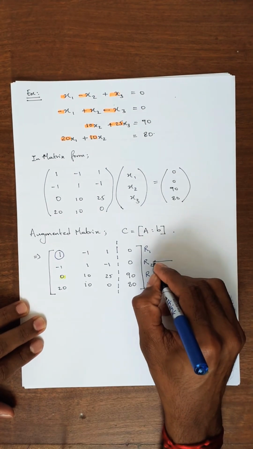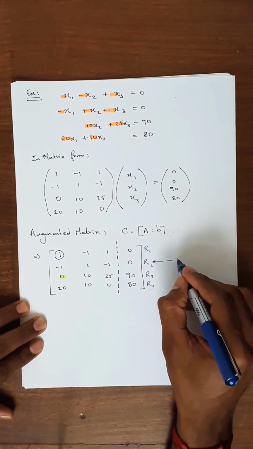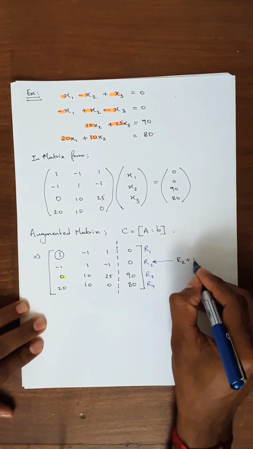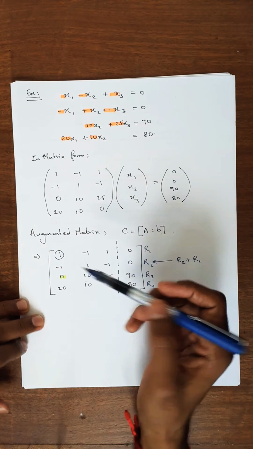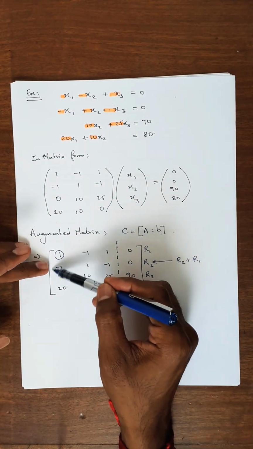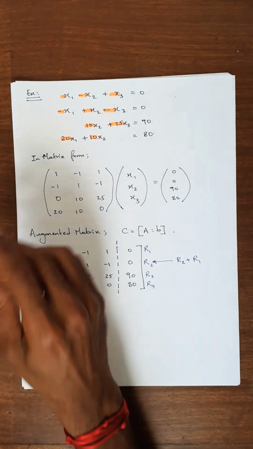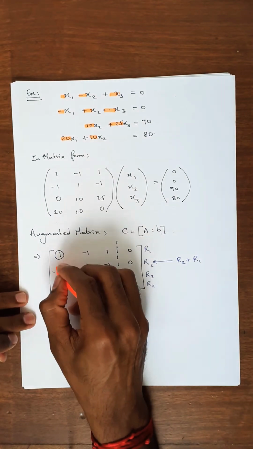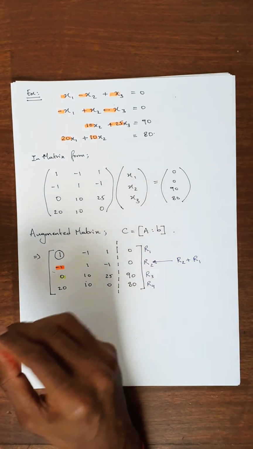So with this R2, I just need to add R1. Why? Because you can see that I want this value here to be 0. This is my aim.